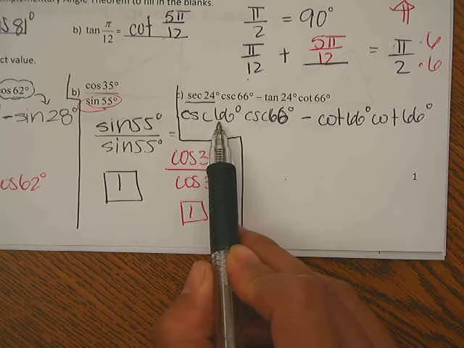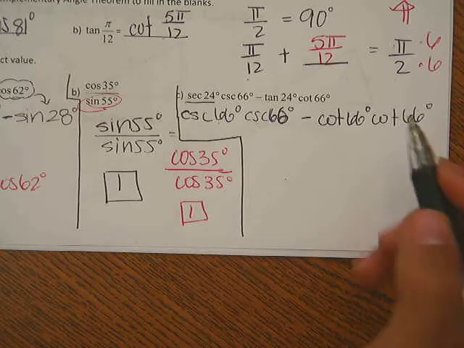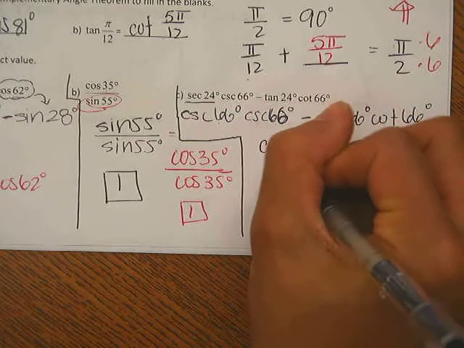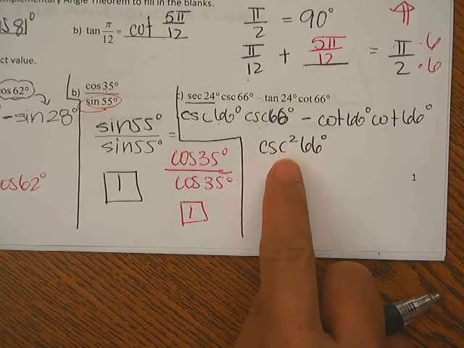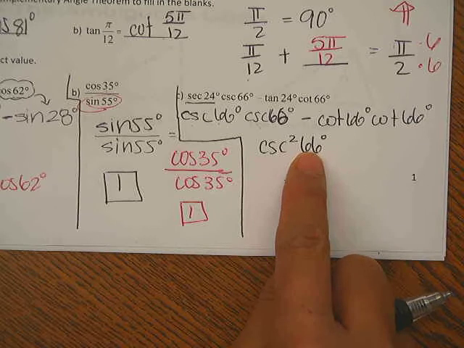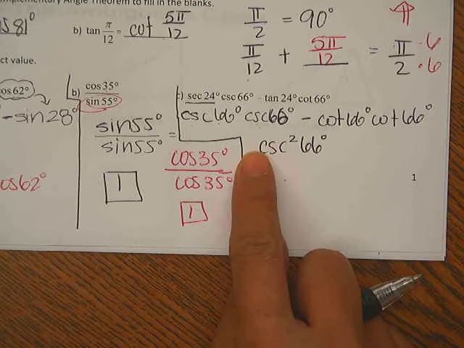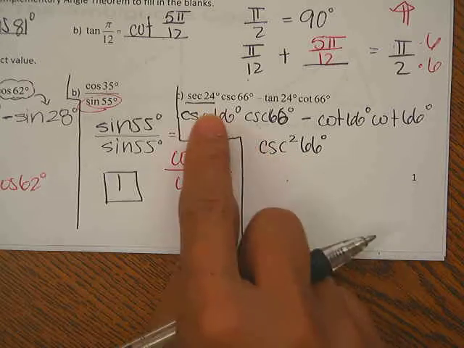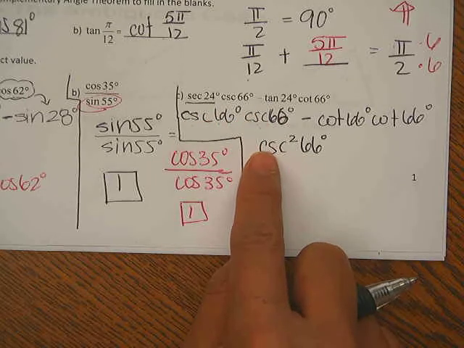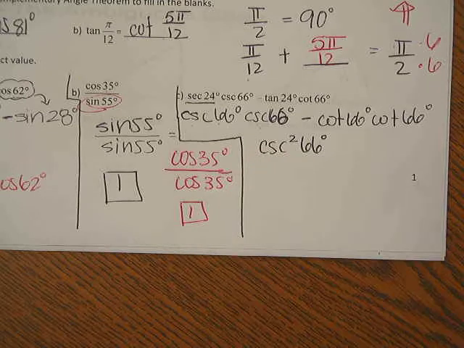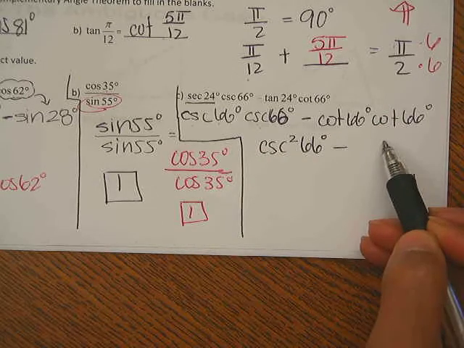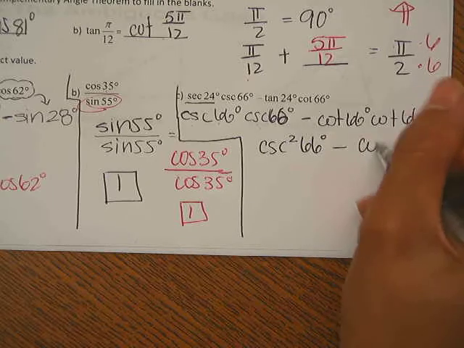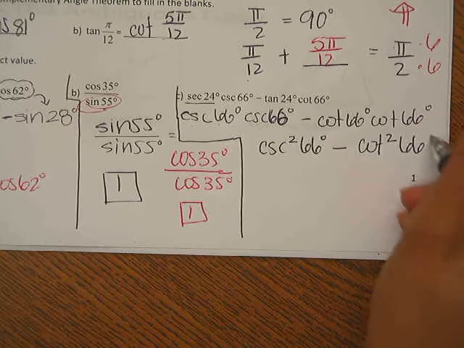Cosecant of 66 degrees times cosecant of 66 degrees is cosecant square of 66 degrees. Do not put the square behind the 66 degrees. That means you're just squaring the 66 degrees itself. If you want to say that these things are multiplied twice, then put it behind the cosecant or the trig term. Take away cotangent of 66 degrees times cotangent of 66 degrees. I just have cotangent square of 66 degrees.